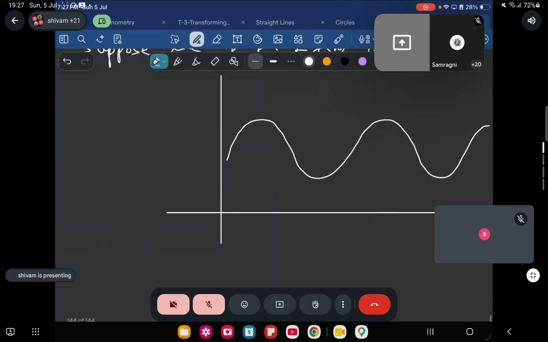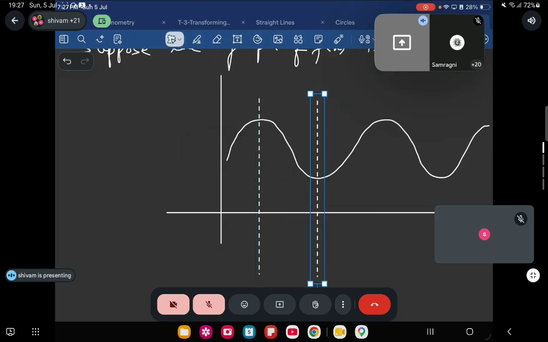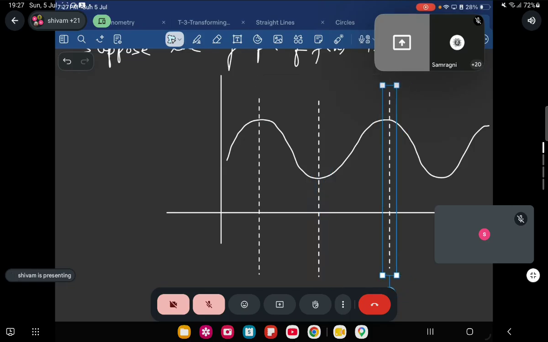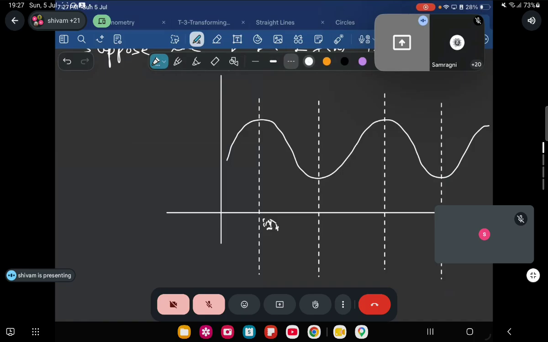Now see, there are some points, everyone. This point is x1. Let us say this is x2, this is x3, this is x4.